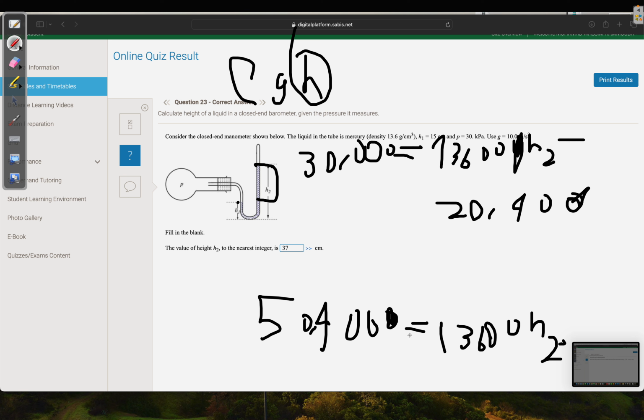So it turns out this has an extra zero. I made a calculation mistake, sorry guys. So this will have an extra zero and we'll get that it is 37.